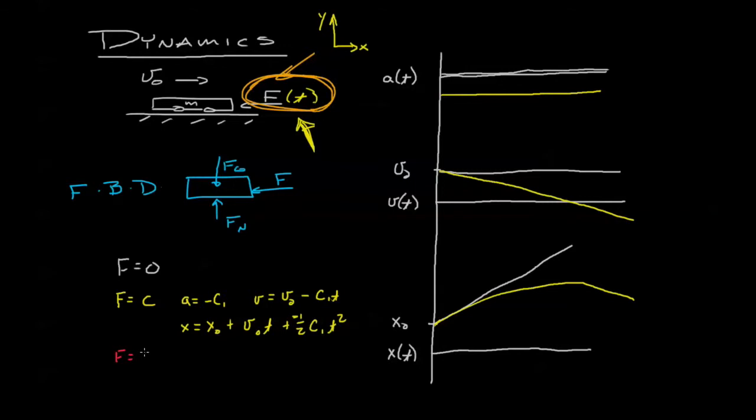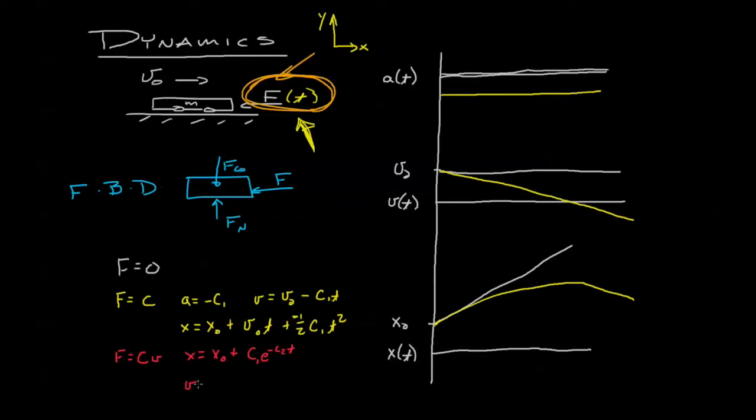F equals some constant times the velocity. And in this case, the position is some x naught plus some constant c1 times e to the negative c2 t. It really goes in that sense.